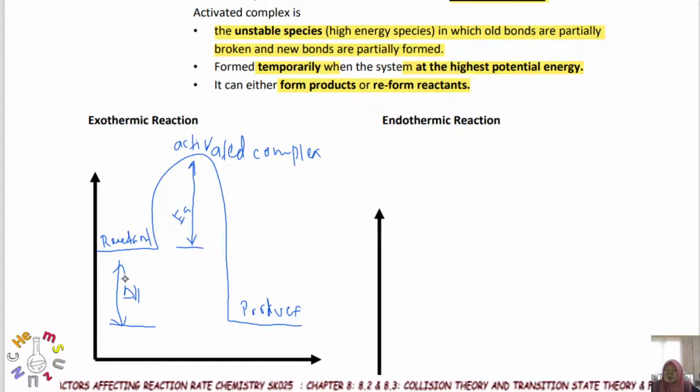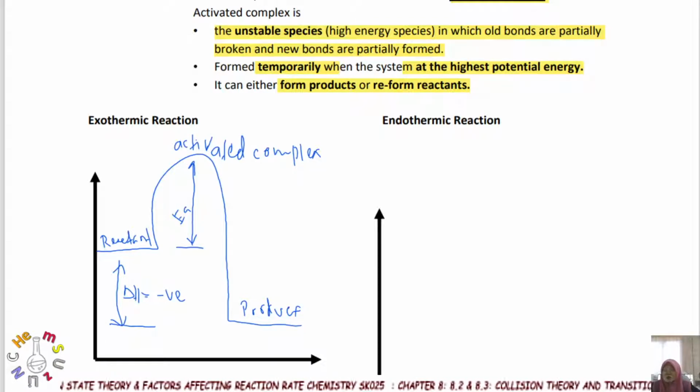Here is the delta H. Here is the delta H is a negative. And then this is a product. Okay. Kalau katakanlah kita nak hasilkan produk, kita kata tadi ada dua. Maksudnya reactant ni mesti collide in the correct orientation. Lepas tu kalau dia collide in the correct orientation, dia mesti ada kinetic energy equal or greater than EA dan dia akan bentuk activated complex.